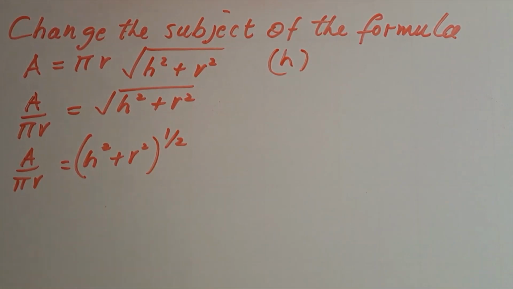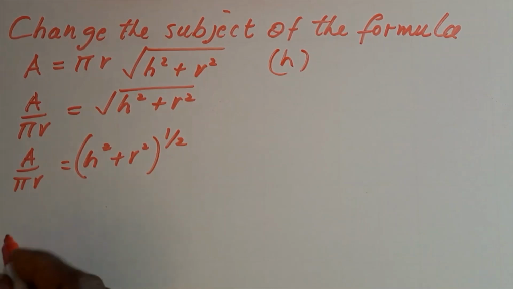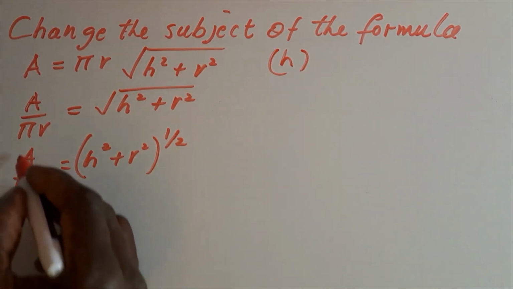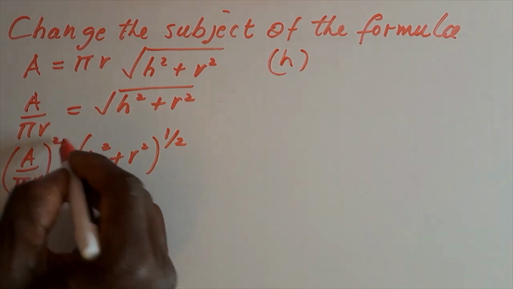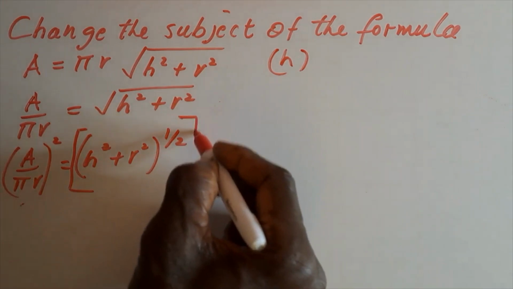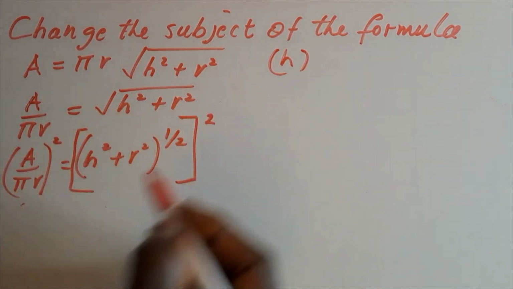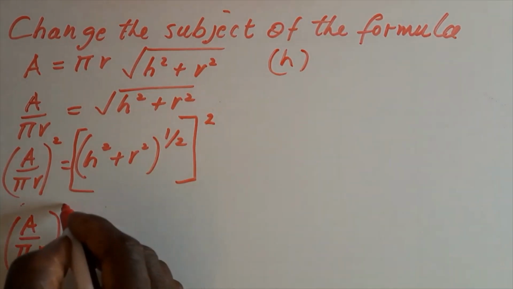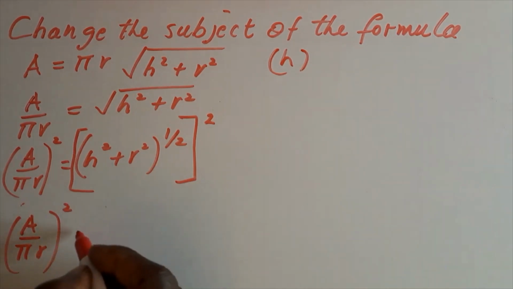So if we square both sides, we'll have this squared and all of this squared, and on the left we'll leave this as it is, A over pi r squared.